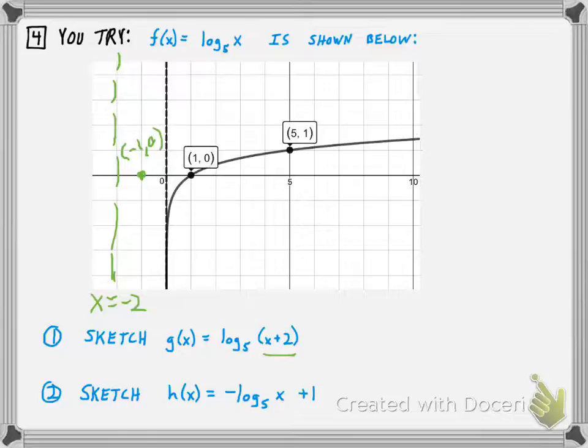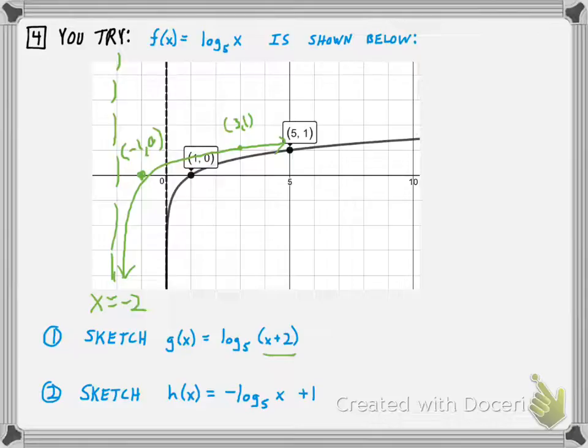And my point (5, 1) is going to be moved 2 units to the left. And that's going to become (3, 1). Right? And putting all the points together, you're basically going to see a shifted graph. It looks very similar in shape. All of the points have been moved to the left.